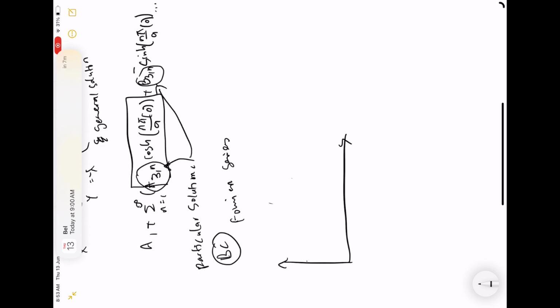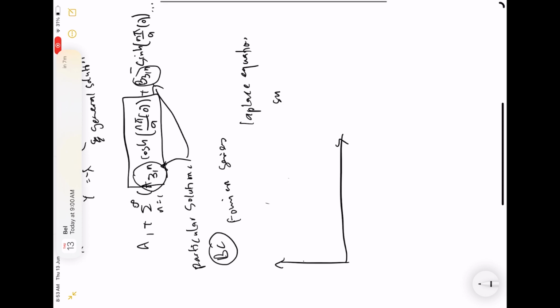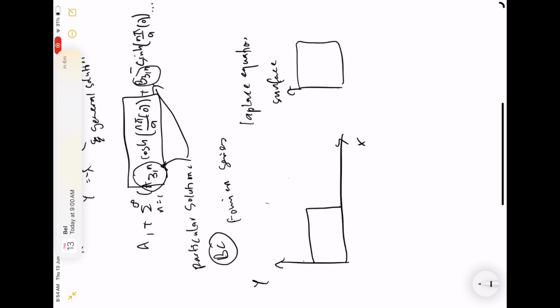For example, this is for the Laplace equation. If you see the table I showed you last week, the Laplace equation is related to a surface. So surface meaning that you will have x and y. So this is y, this is x, and this is u(x,y).